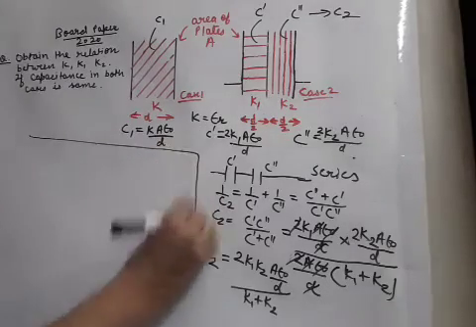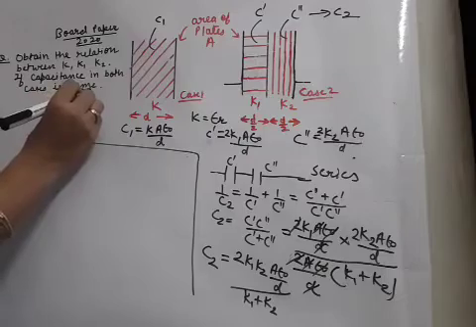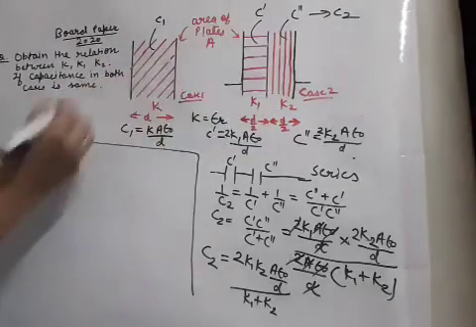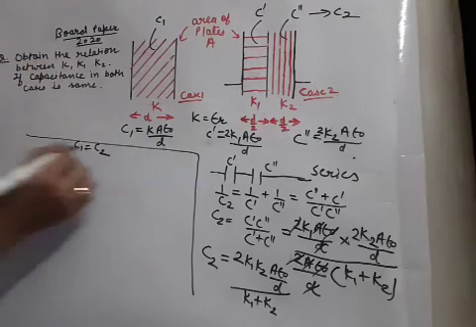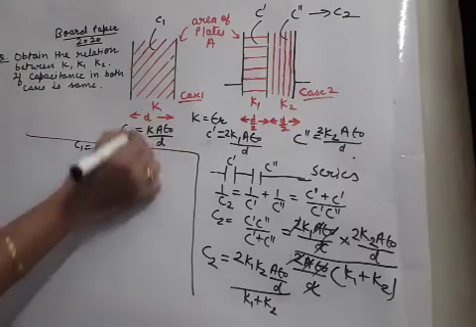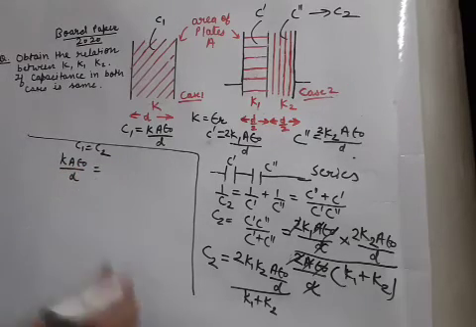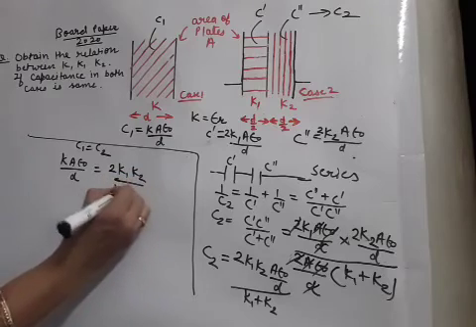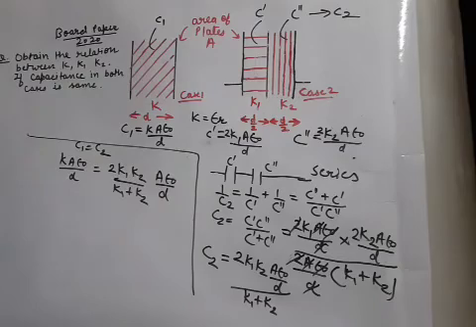Now we have the condition: capacitance in both cases is the same. So capacitance here is C1, capacitance final here is C2. We have to equate them. After equating we will get the relation between K, K1 and K2. C1 is K A epsilon 0 by D, and C2 is 2 K1 K2 upon K1 plus K2, with A epsilon 0 by D also there.